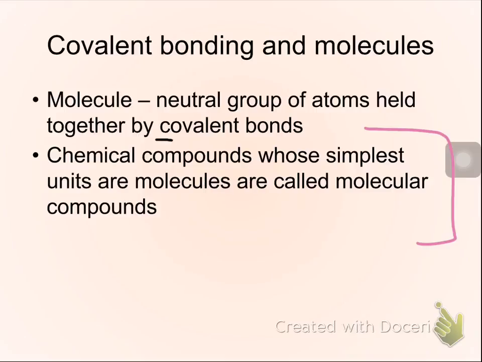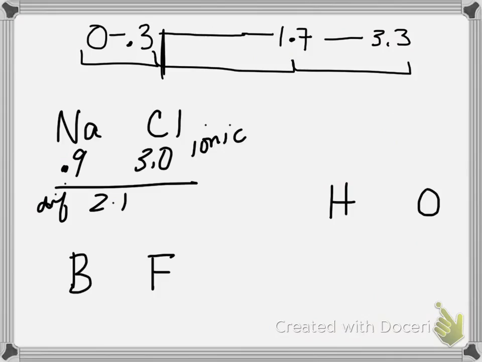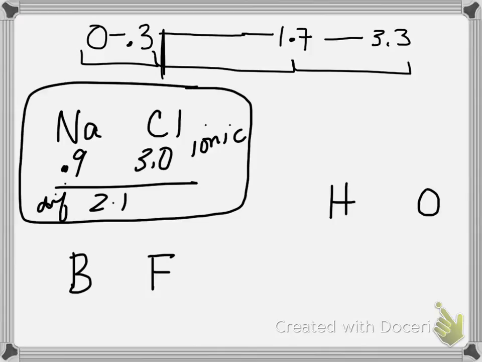A molecule is a group of atoms held together by covalent bonds. There are no molecules of sodium chloride. Period. They don't exist. It is a trick question. I will ask you about molecules of ionic compounds. They don't exist. So I'm warning you of the dirty, evil, nasty tricks that lie in store for you.